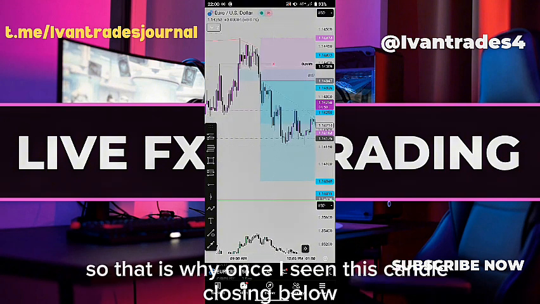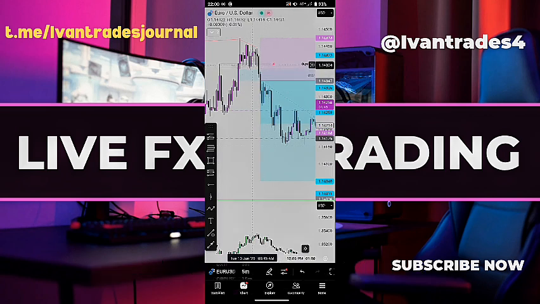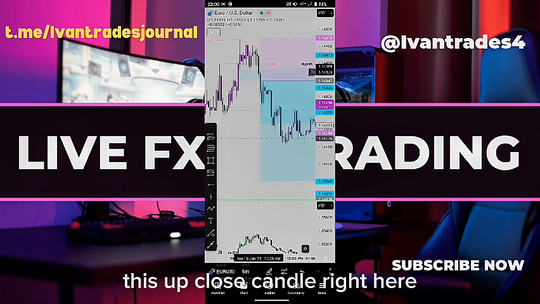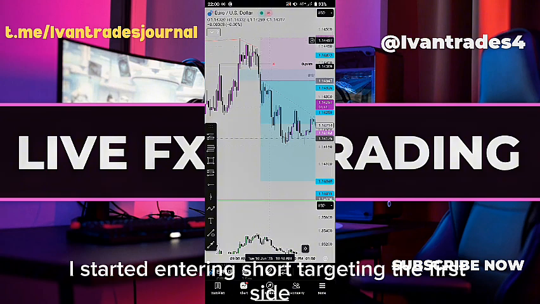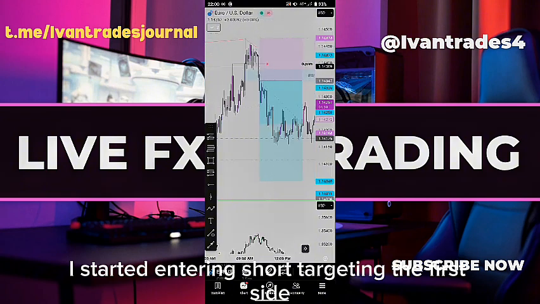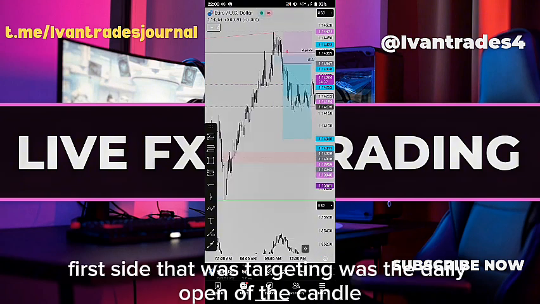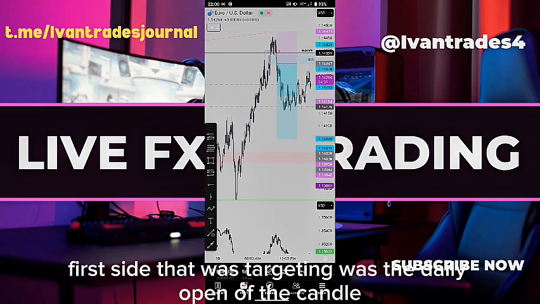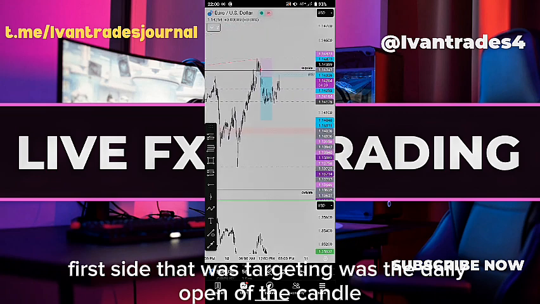So once I saw this candle closing below this up close candle right here, I started entering short, targeting the sell side. The first sell side I was targeting was the daily open of the candle.